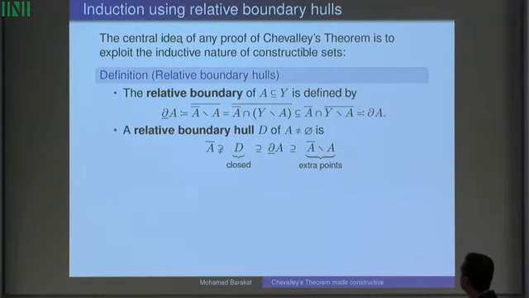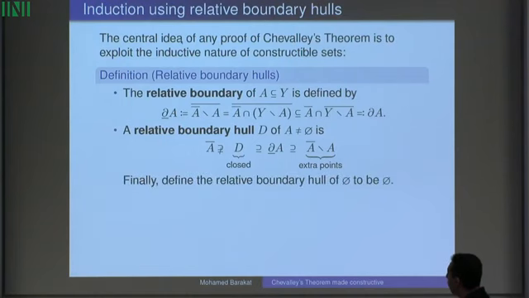This was defined just for non-empty sets, and then you complete the definition by saying the relative boundary hull of the empty set is the empty set. This is the corner case, and this will happen when your induction terminates.